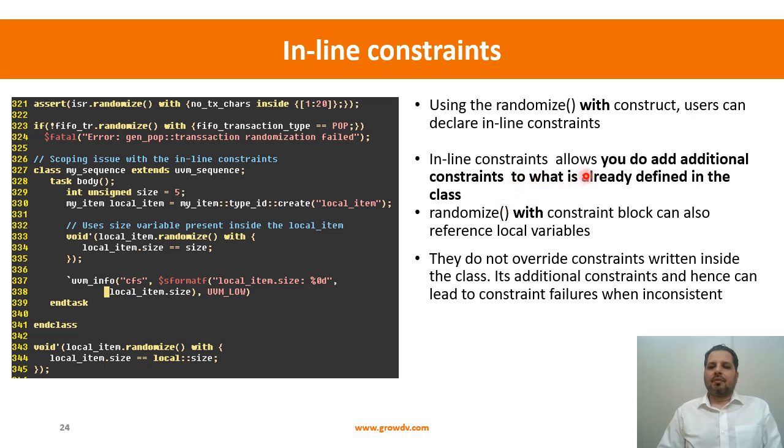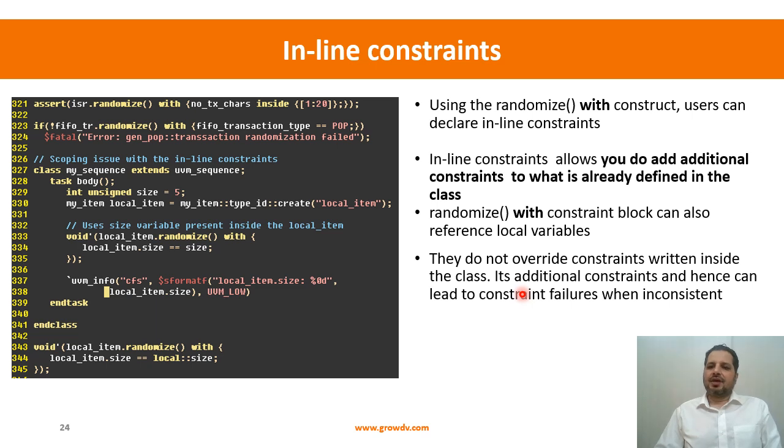Take note, as we have already been calling out, that you add additional constraints to what's already defined in the class. With inline constraints, you're actually adding more and you are not overriding. Whatever constraints exist within the class, the inline constraints get added along with them, and they are not replacing what exists within the class.